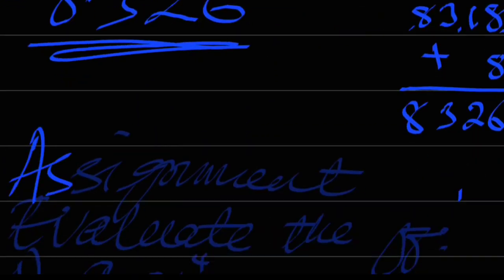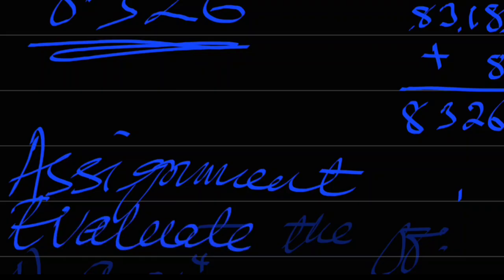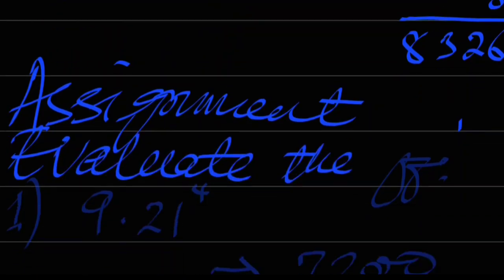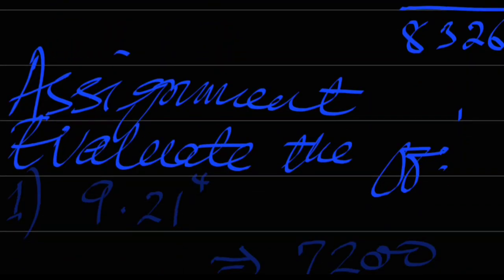So at this point, I'm going to leave you with work. You are going to do this assignment for me. Evaluate the following. Number 1: 9.21 raised to the power of 4. Please do this work.